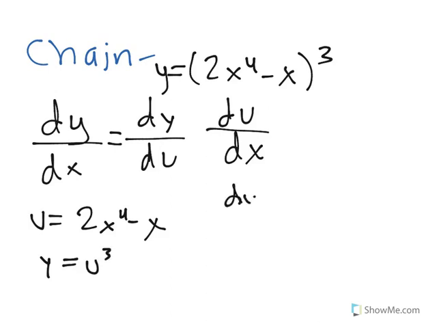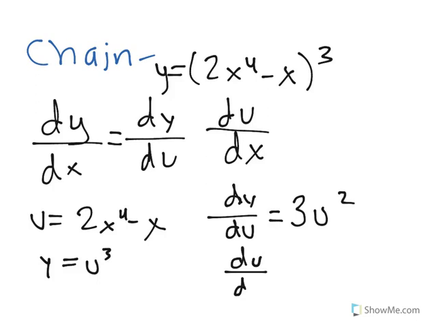And so dy over du is just 3u squared, and du over dx is 8x cubed minus 1. As you might recall, we just need to multiply these two.